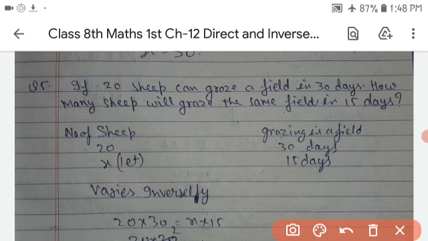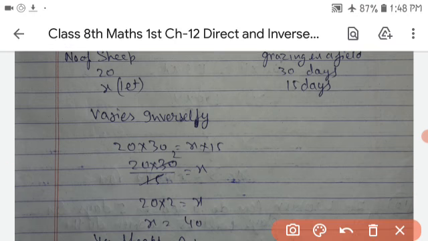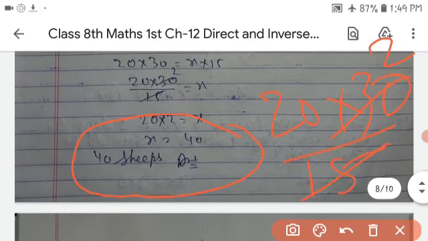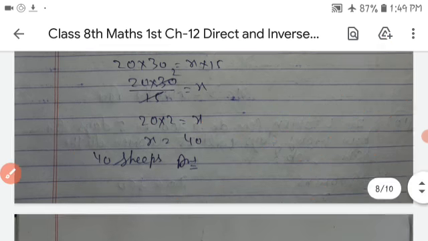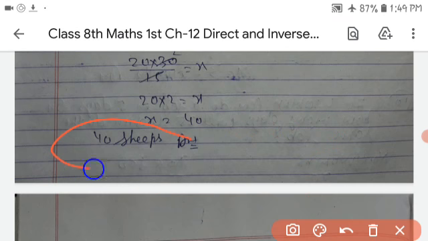This varies inversely, so 20 into 30 is equal to X into 15, or X is 20 into 30 upon 15. 15 2s are 30, so the answer is 40 sheep. Okay, children.